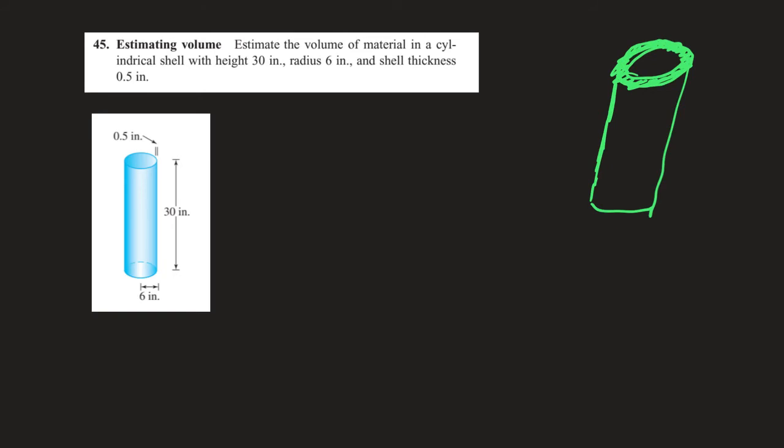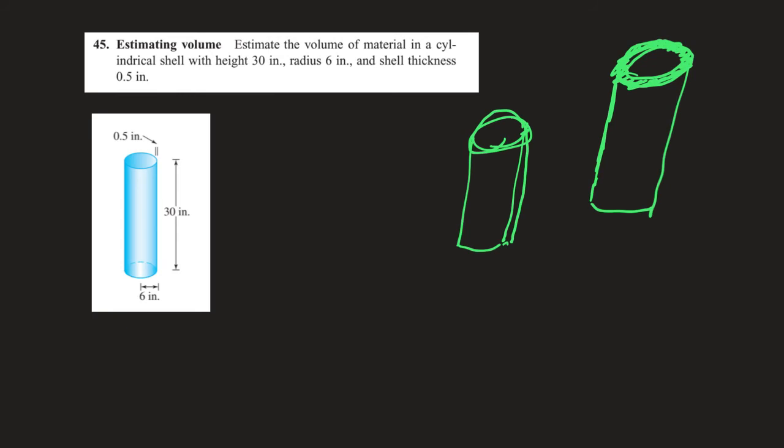And we're going to estimate that by pretending that we have the inside shell, which is razor thin, and we change the radius to the outside shell. This is a terrible picture, but we're going to estimate that change in the volume of the entire cylinder in order to estimate the shell thickness, or the material that we need to build the shell. Let me show you what I mean.